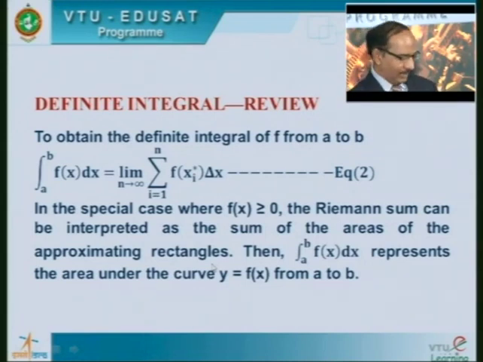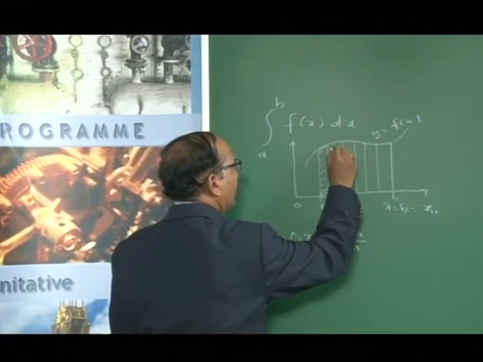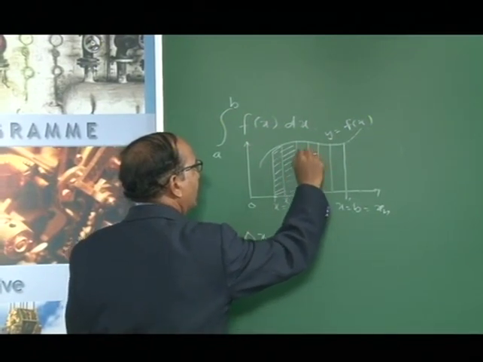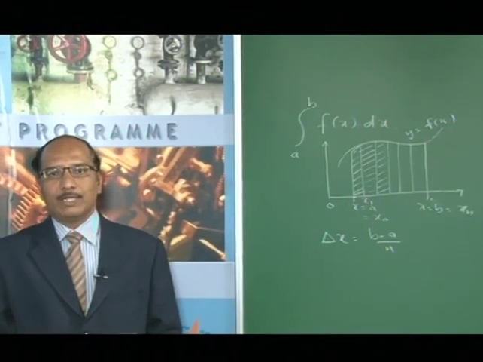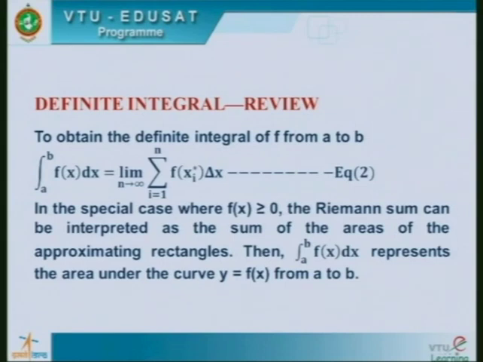You can see in the figure, these are the rectangles. This is the first rectangle, this is the second rectangle, third rectangle. It is nothing but the summation from i equal to 1 to n of f of xi star delta x. Those rectangles are infinite in number. That limiting value gives the definite integral of f(x) from a to b dx.